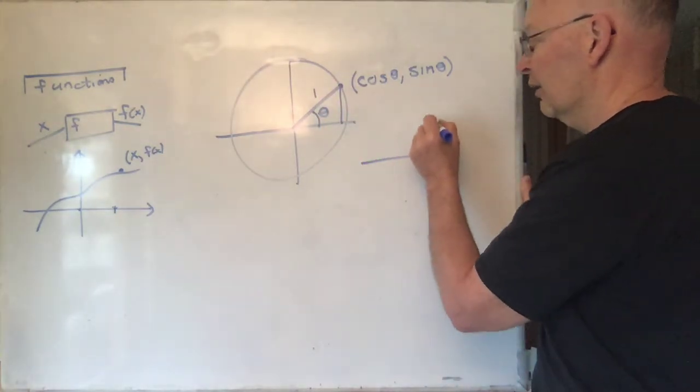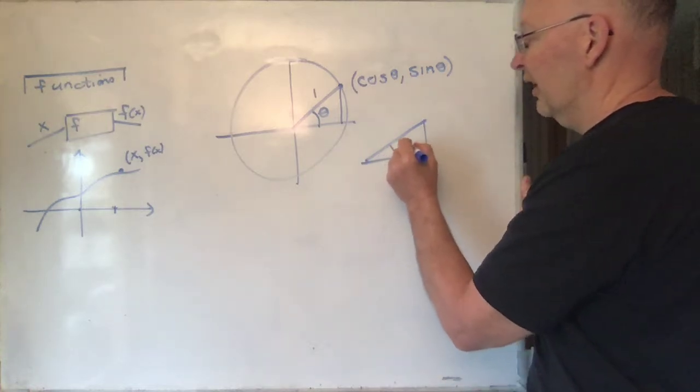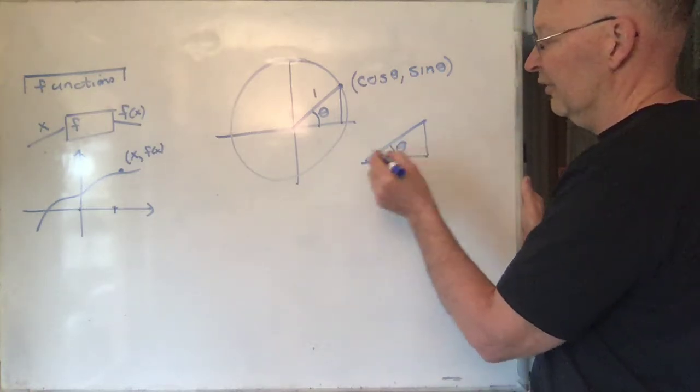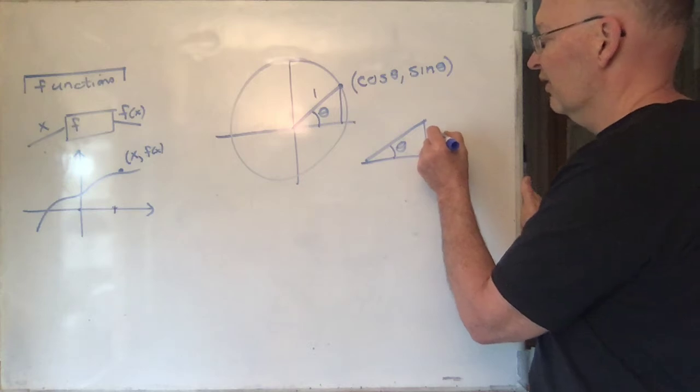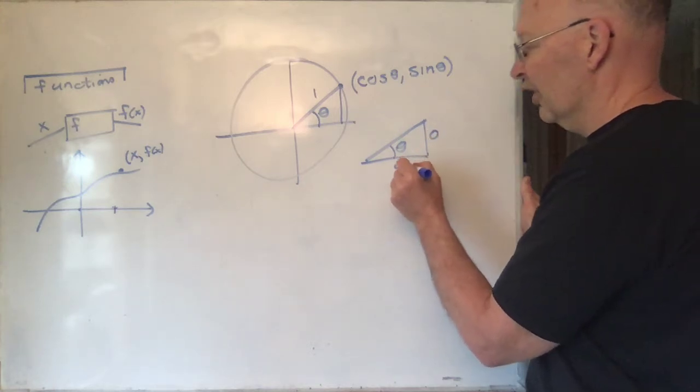And so another way of thinking about sine and cosine is that if you have a triangle, it amounts to the same thing. This is theta. This is the way you sometimes see it as well. This is opposite. This is adjacent.